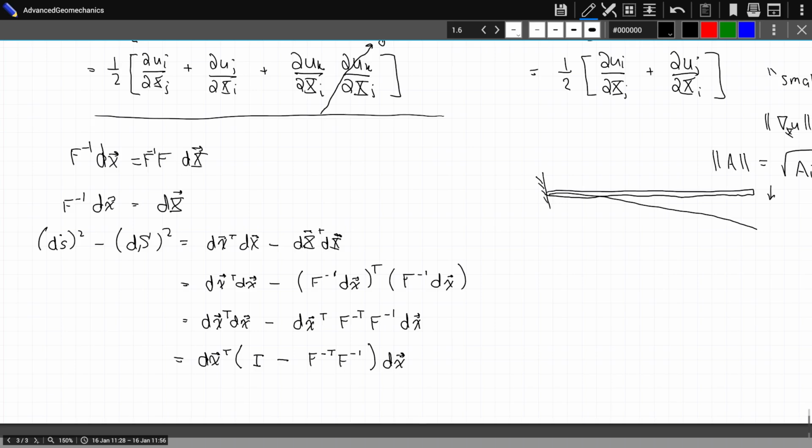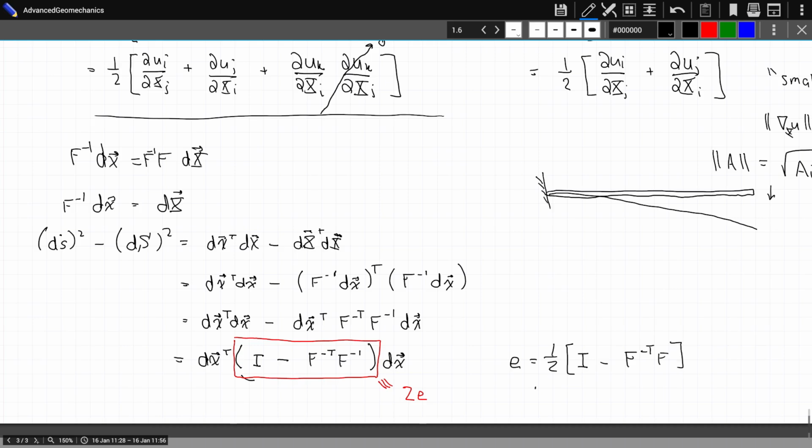All right. And this thing we're going to label 2 little e. And so that leads to an equation for e: one half times I minus F inverse transpose F inverse.